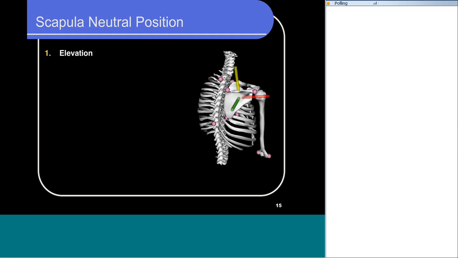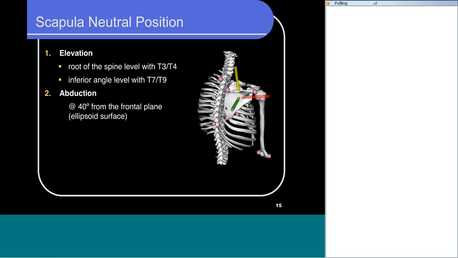So how did we find the neutral position of this axis on this ellipsoid surface? We align the root of the spine here to be level with T3 and T4, the inferior angle to be in line with T7 and T9. When we say neutral position, what does it mean when we're at zero of all of the coordinates?